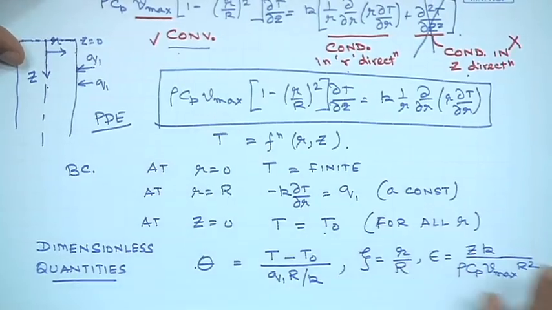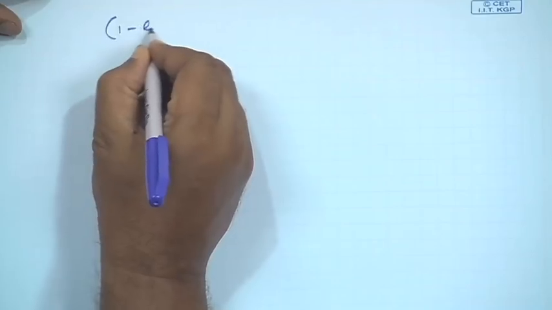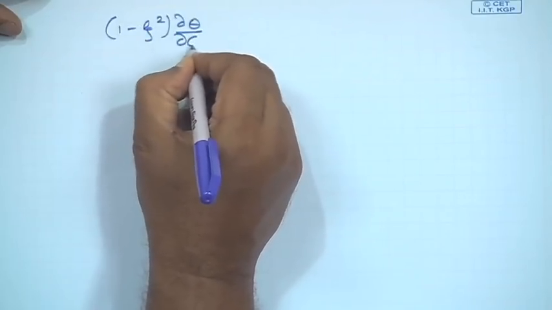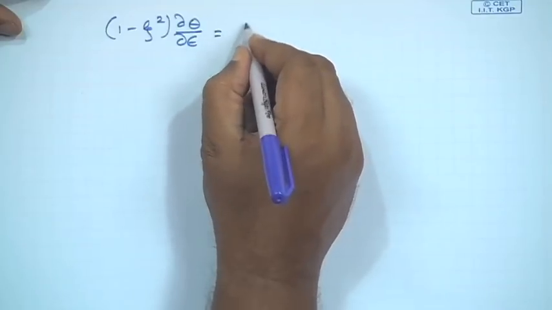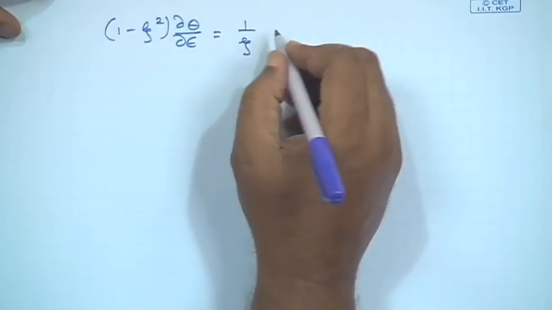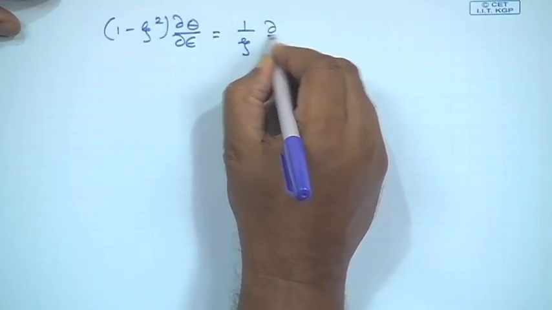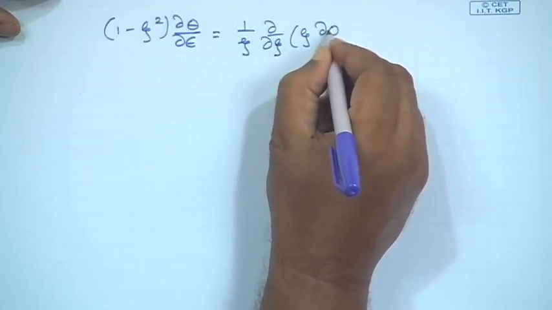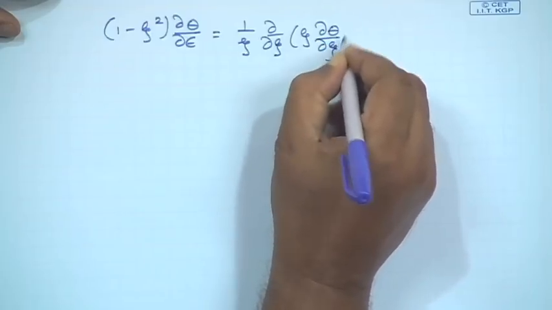and upon introducing these dimensionless numbers and putting them into this equation, the governing equation takes the compact form as 1 minus zeta square times del theta by del epsilon is equal to 1 by zeta, which is the dimensionless R coordinate, del by del zeta of zeta del theta by del zeta.